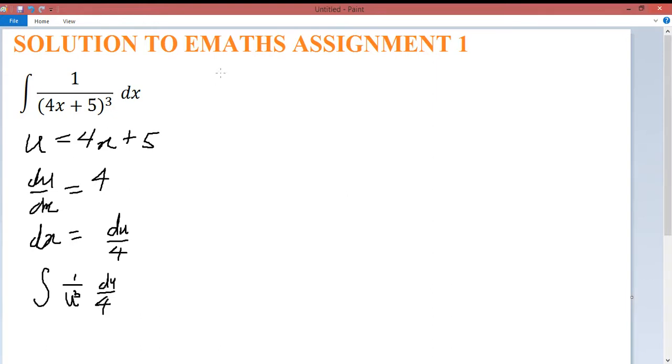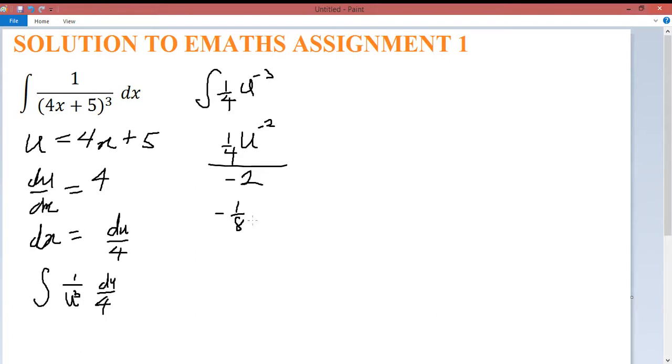This can be written as the integration of 1/4 u to the power minus 3, by applying the laws of indices. I'll increase the power by 1, and I get minus 2. Then I divide by the result, minus 2. So this becomes minus 1 over 8.